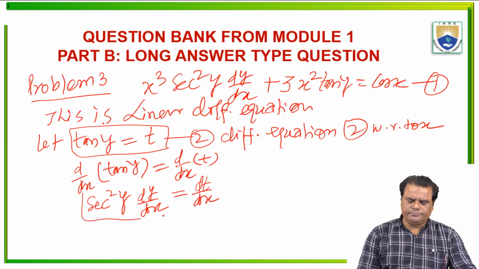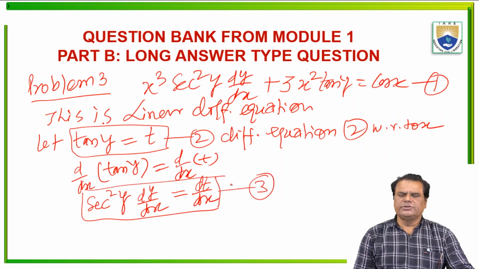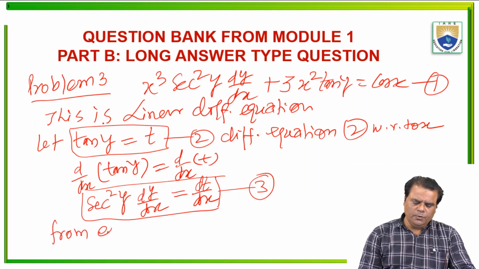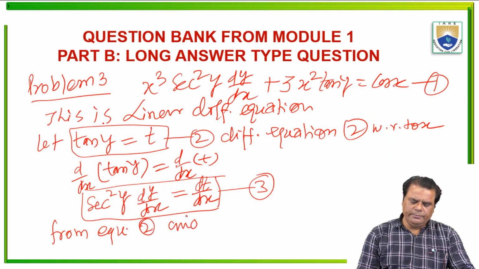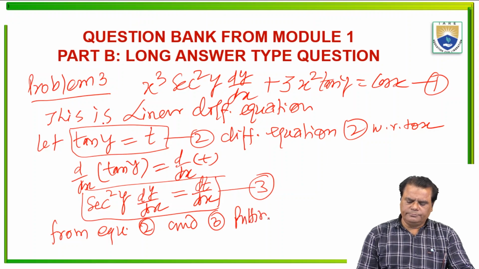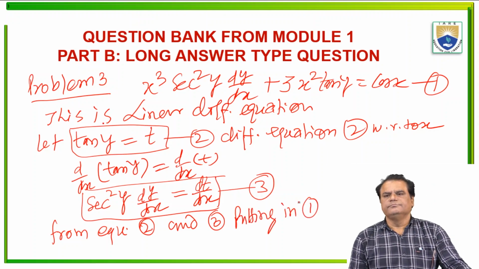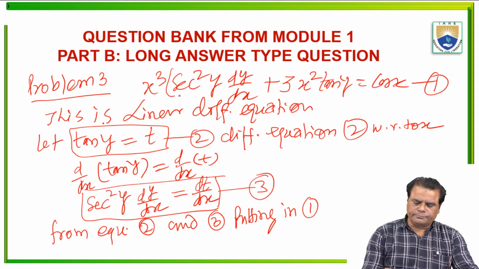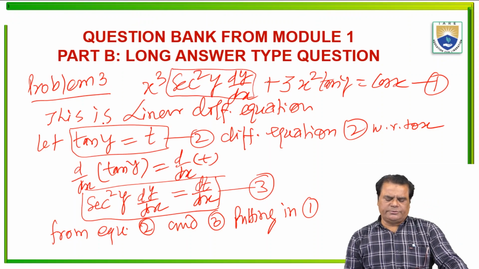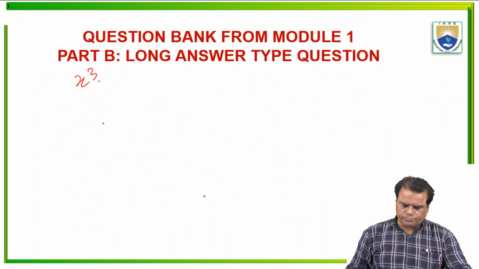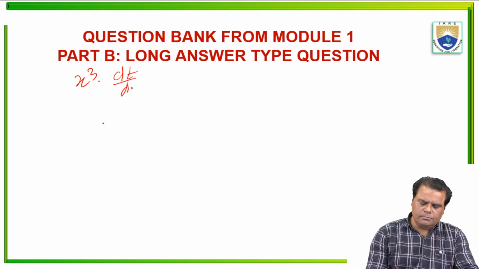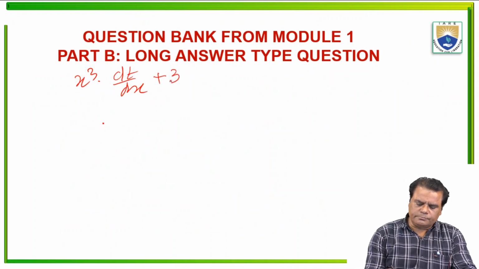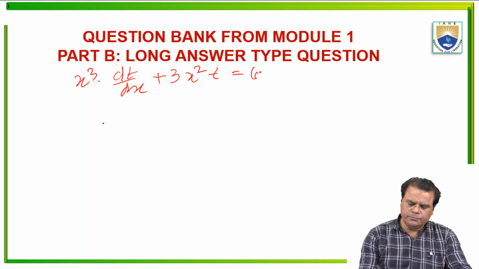So this is 3. This 3 is put into 1. From equations 2 and 3, putting in equation 1, we get here x cube sec square y dy dx, which is dt over dx, plus 3x square t equal to cos x.